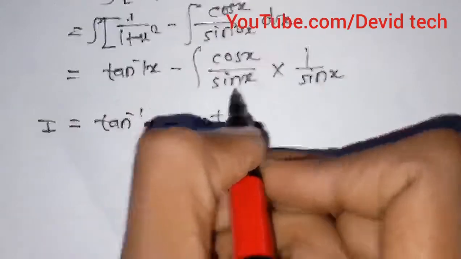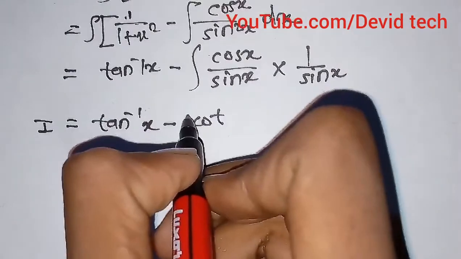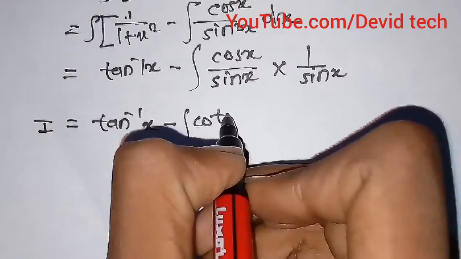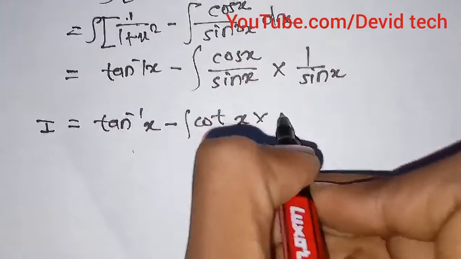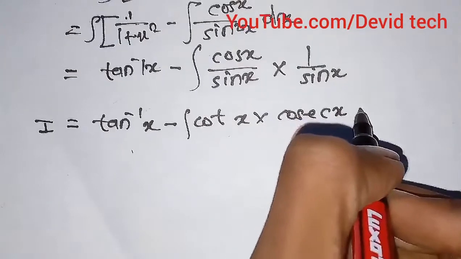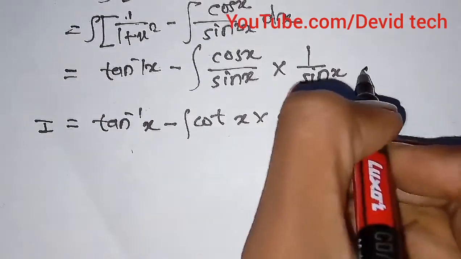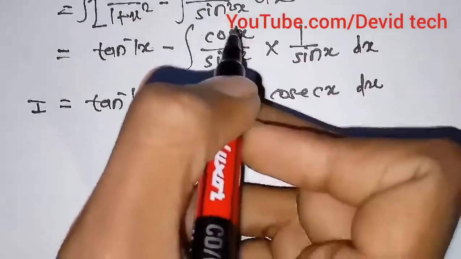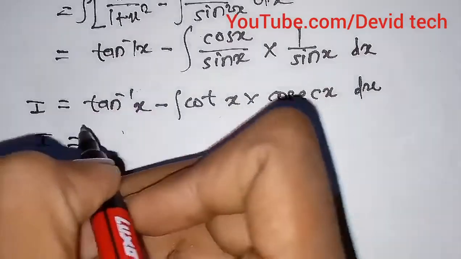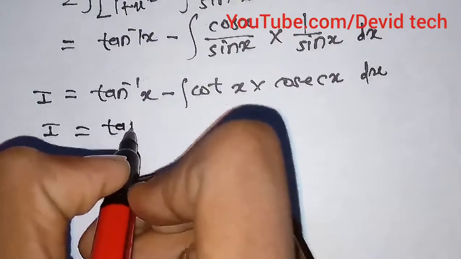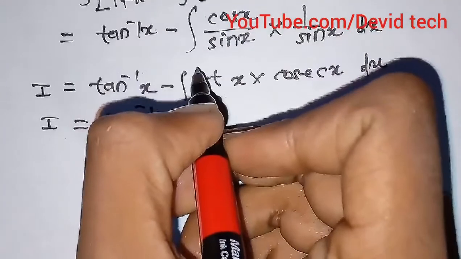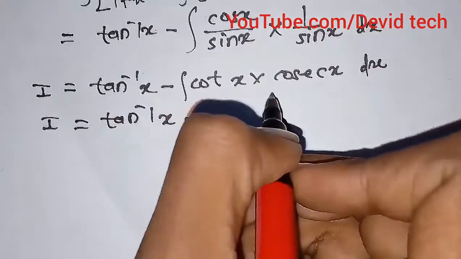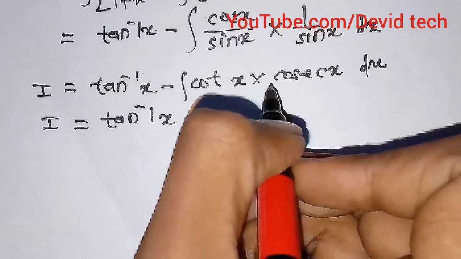We should know our formulas about all that. Cot x into 1 by sine x is equal to cosec x, into dx. Don't forget to write dx. And then I is equal to tan inverse x minus integration of cot x into cosec x dx.